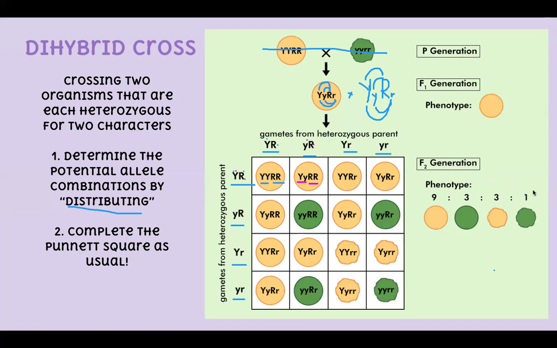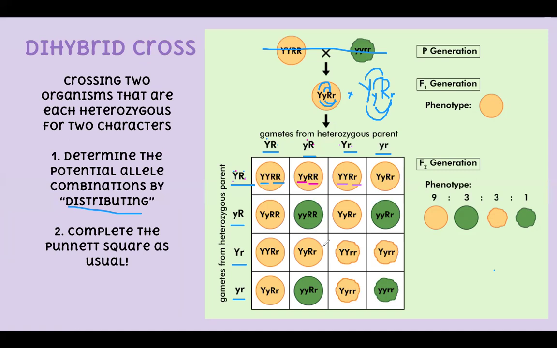Then I think we got the hang of it. Purple. Big Y, big Y, big R, little r. Okay, that's what we're doing in all of these squares. Now it's just a 4 by 4, not a 2 by 2. This is going to be some more time consuming.